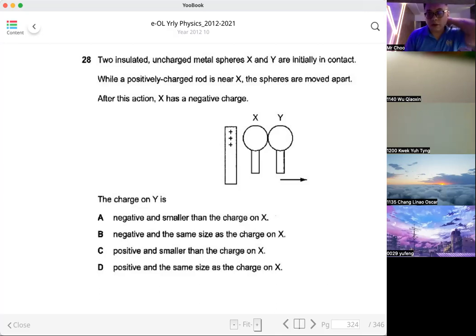Okay, Chelsea got it correct. Ethan got it correct. How about the rest of you? Yuting correct. Yuting, you put a question mark. Does it mean that you are not sure?